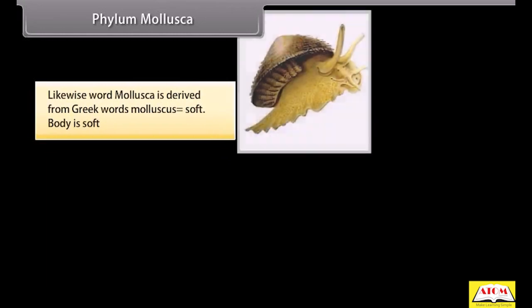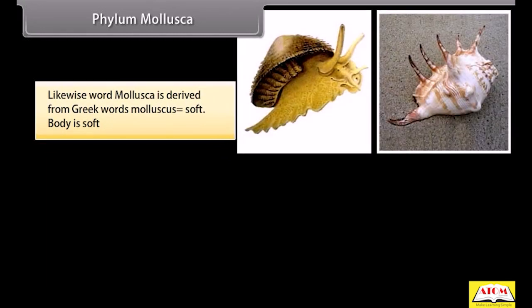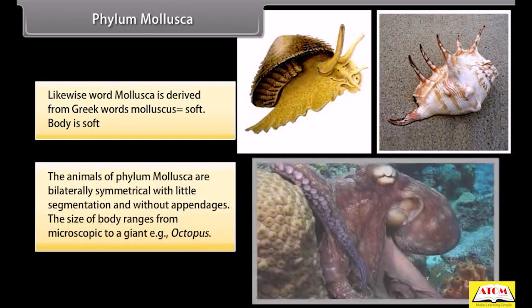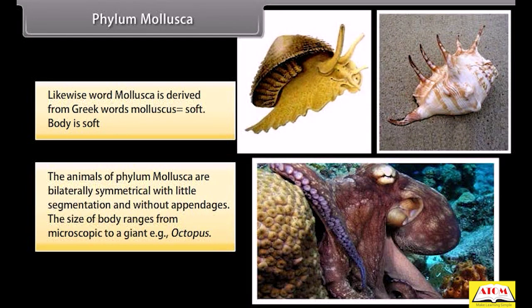Phylum Mollusca. Likewise, the word Mollusca is derived from the Latin word molluscus, soft, body is soft. The animals of phylum Mollusca are bilaterally symmetrical with little segmentation and without appendages.